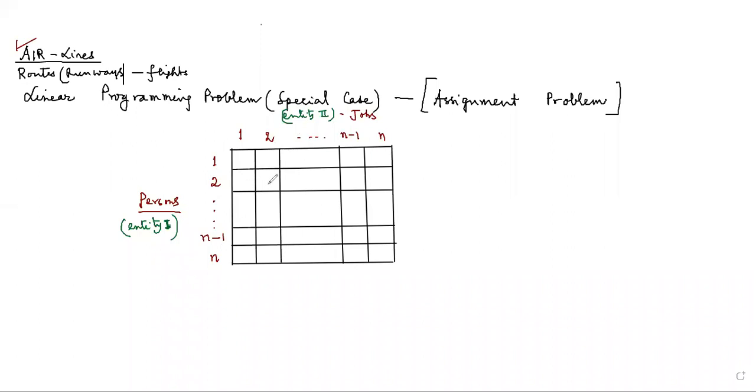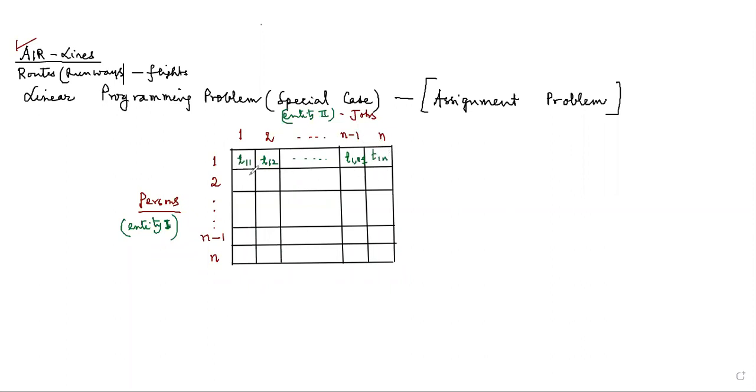What sort of situation am I talking about? Let us try to find out. I'm just drawing this table from a pedagogical point of view, to make you understand what I'm talking about. Suppose T11 is the time required by person 1 to finish job 1. T12 is the time for person 1 to finish job 2. In this manner, T1(n-1) is the time required to finish job n minus 1, and similarly we have T1n.